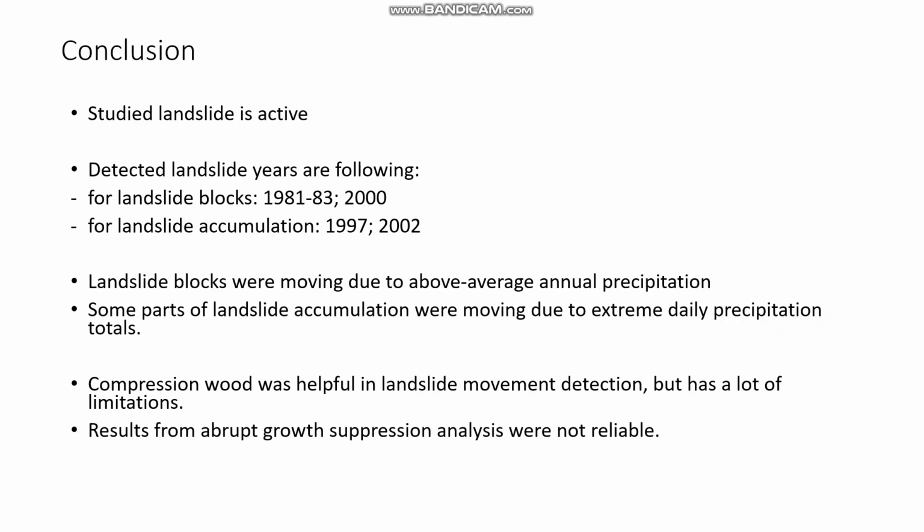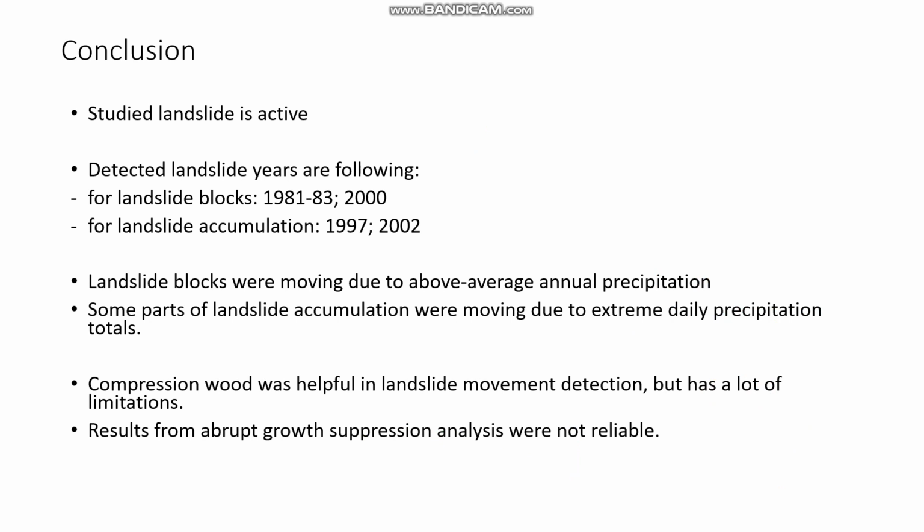Now the results. The studied landslide is active nowadays. Landslide blocks moved in the years 1981, 1982, and 1983 in a row, and 2000. Shallow landsliding of landslide accumulations occurred in 1997 and 2002.